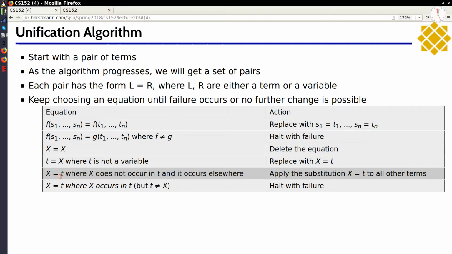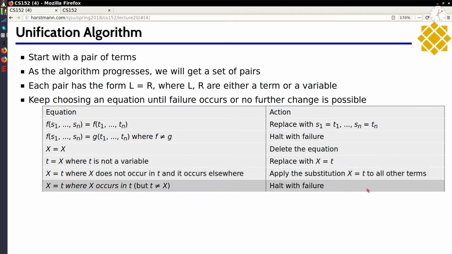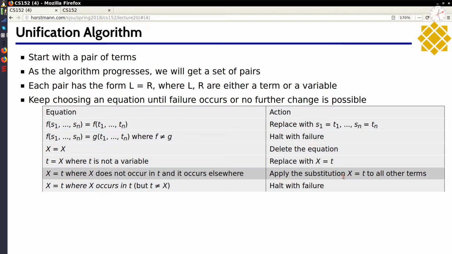Now, if you have this term on the right and the x doesn't occur on the right, which is the happy case, then what you do is you apply the substitution to all the other terms and you throw it out.